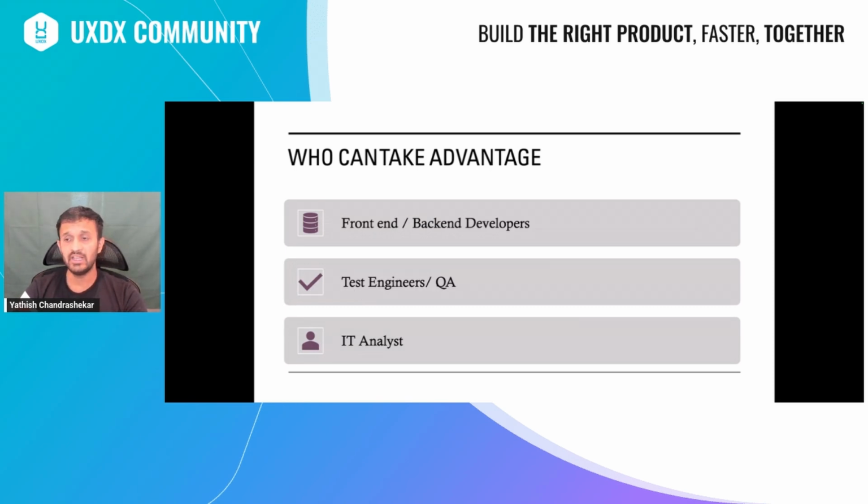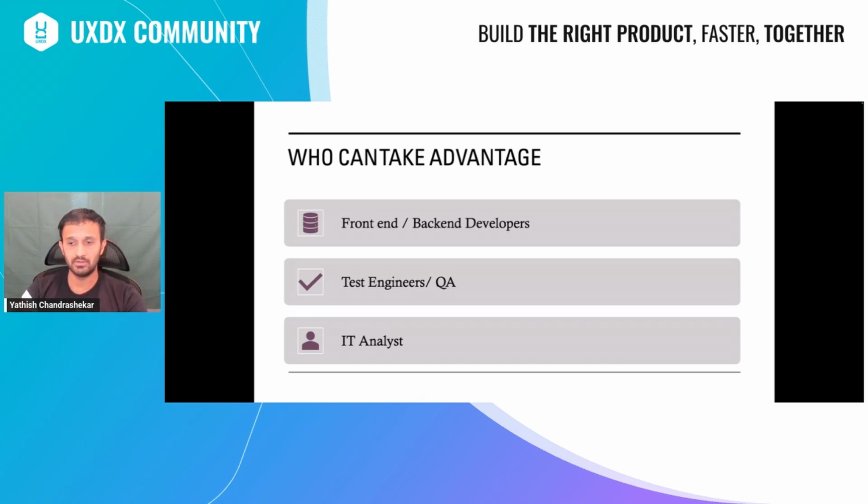Right? And who can take advantage? Any front-end engineers who write React, Angular, JavaScript, TypeScript, any sort of frameworks. Even backend engineers who write Java, Python, whatever, C++, right? C++ it is still not that familiar with, but it can even help test engineers and QA who write automation tests, for example in Cypress, Playwright, Selenium.